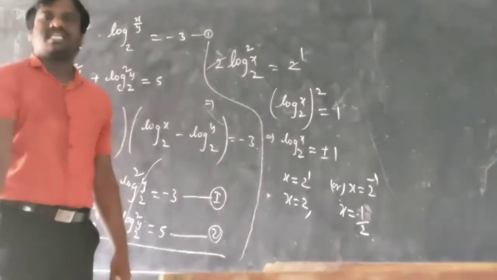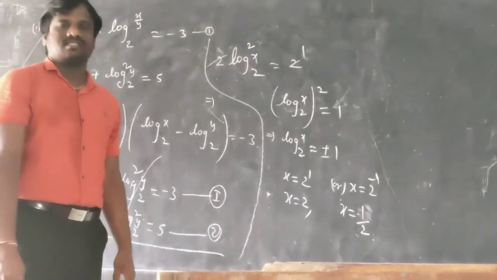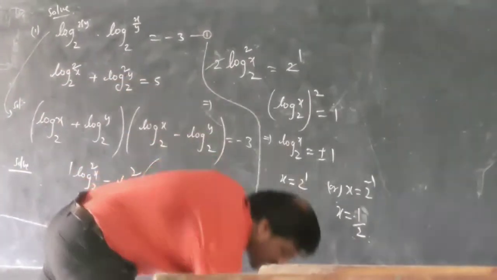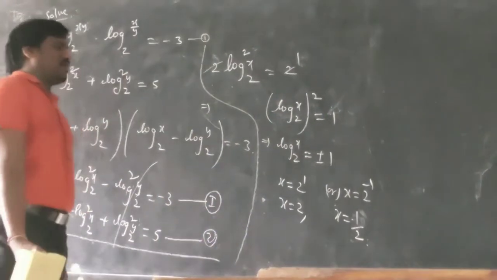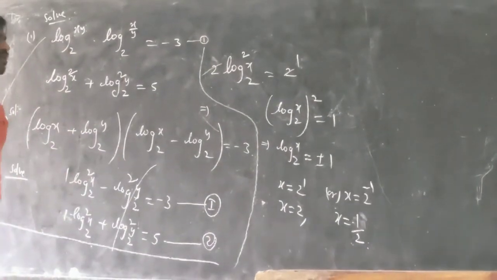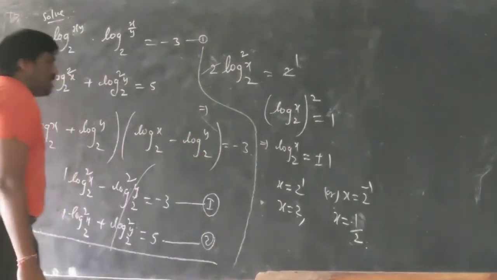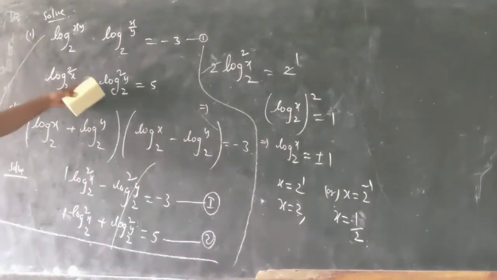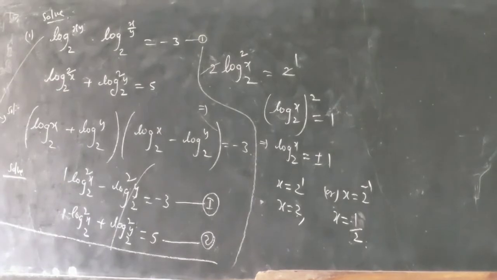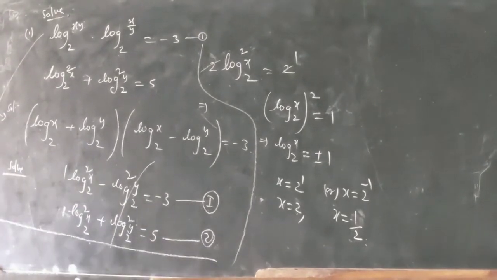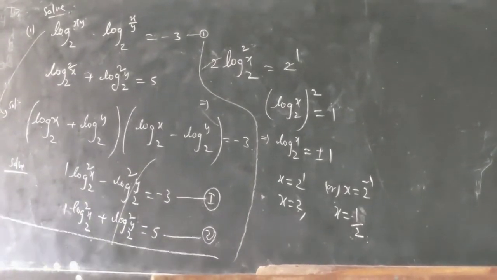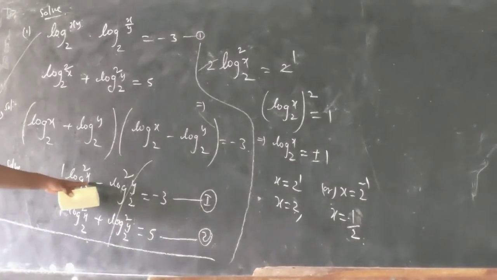In the options, by seeing x values you can also pick the answer. But suppose both x values are given in some options, then we have to go for y. So x is equal to 2. Let us substitute in any one of the equations, either the first or the second. I am substituting in the first one.